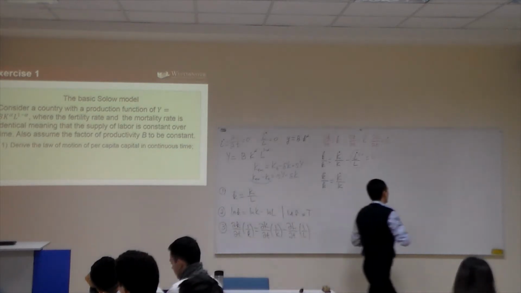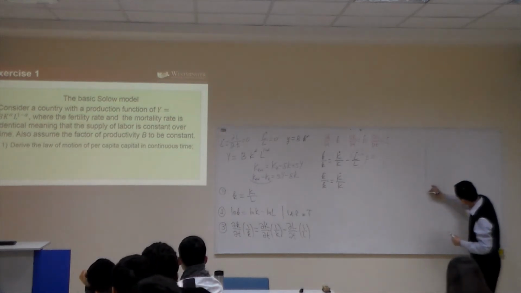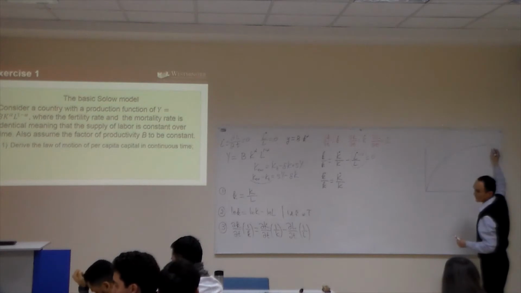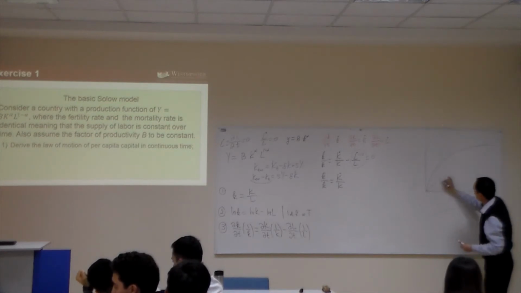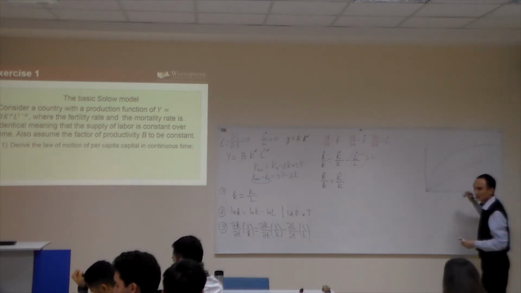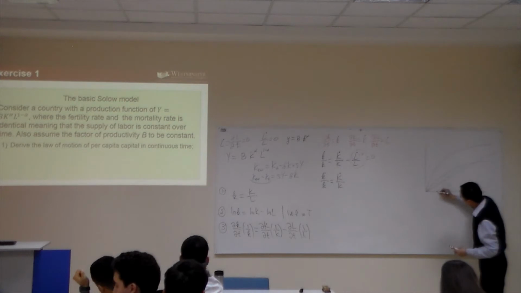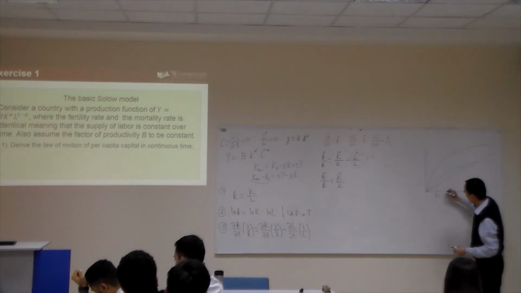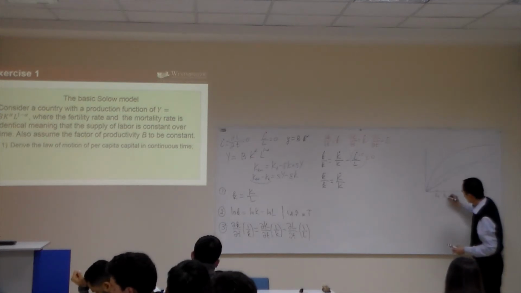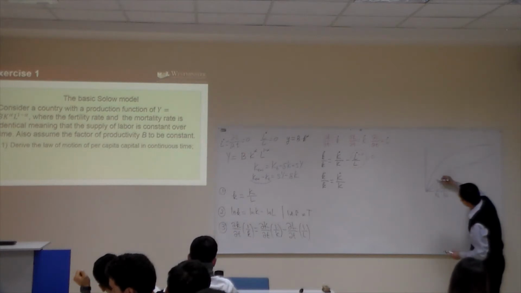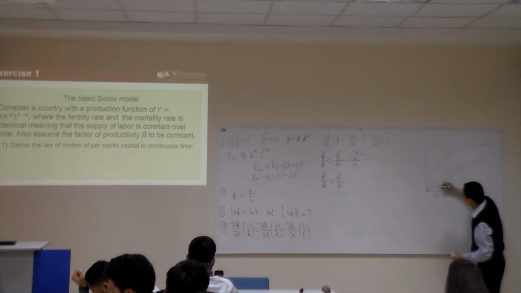Or graphically. So this is the production function. Yes? This is the investment function, and this is the depreciation line, right? So we said the capital of year T is K_t. So what about K_t+1? We said it's going to change. So this is our investment line, this is our depreciation line, yes?